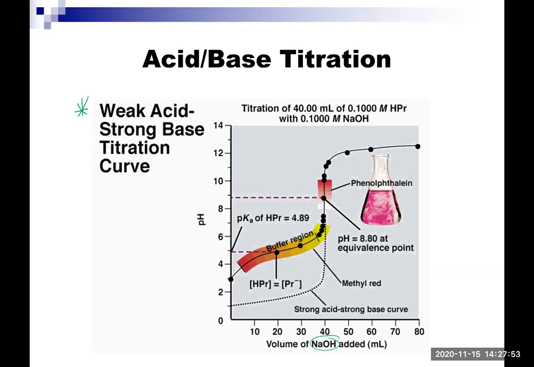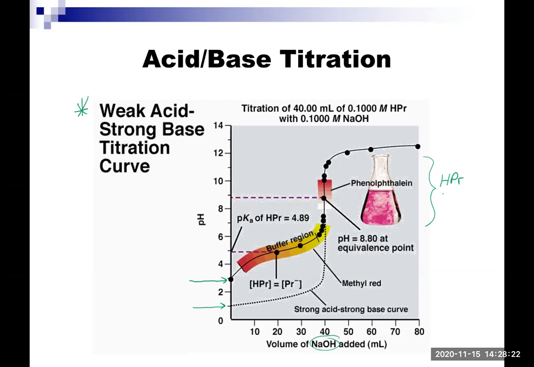When we evaluate our titration curve, our starting pH is here. That's over 2. If we had a strong acid, we would have a much lower pH starting out because the only thing that we're measuring is just the acid pH alone. When we start this reaction inside of this Erlenmeyer flask, the only thing we have is our acid, which in this case is HPR, a weak acid.